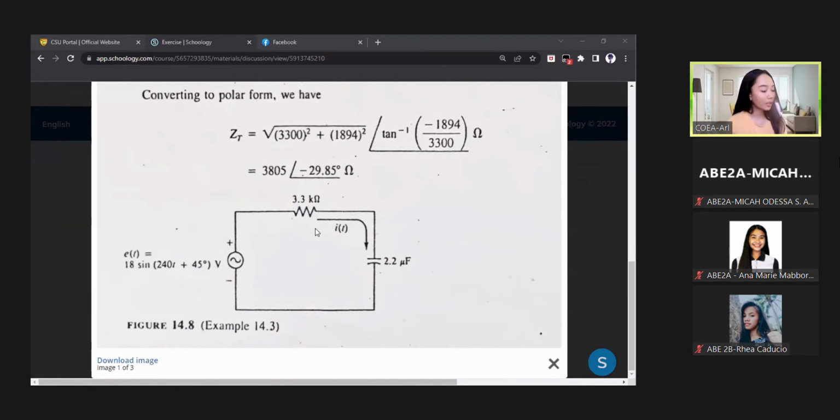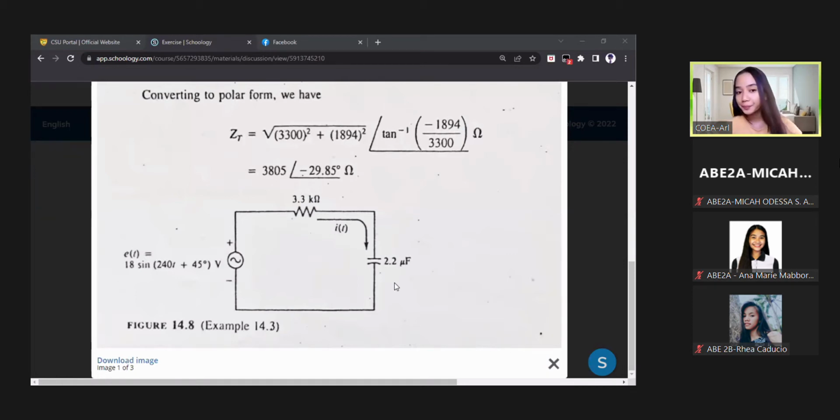The connection is a 3.3 kilo ohm resistor in series with a 2.2 microfarad capacitor. The given is not a reactance, but a capacitance. Therefore, we should convert this capacitance into a capacitive reactance.